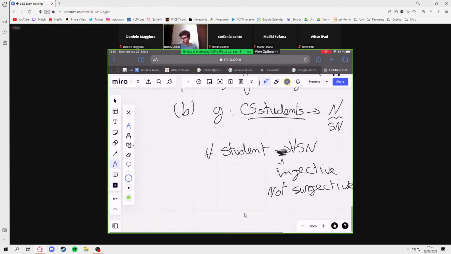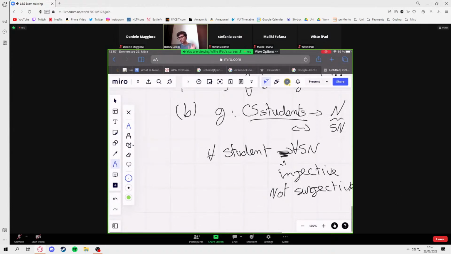If it was the other way around, student number to student, then each student number would be owned by one CS student. Actually, it would be injective, but it would be non-surjective as well.